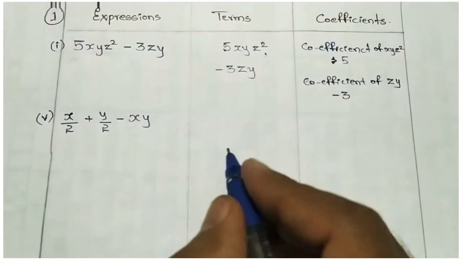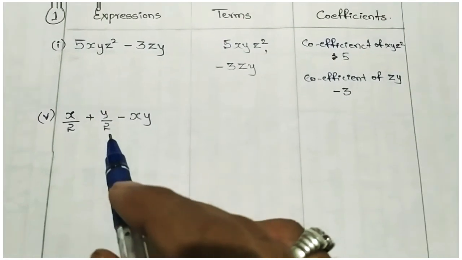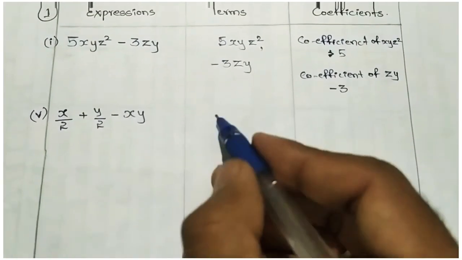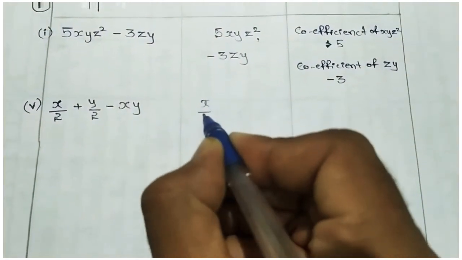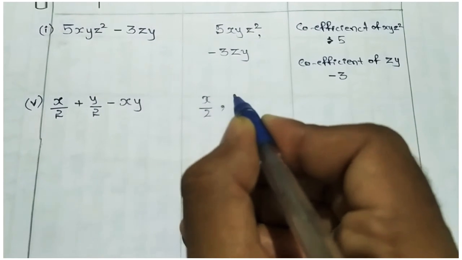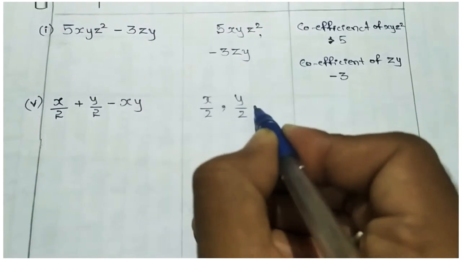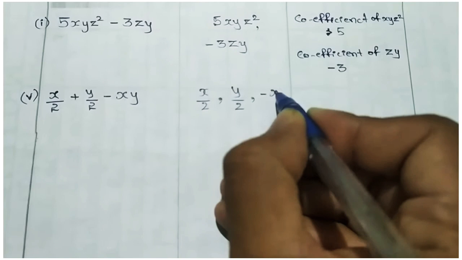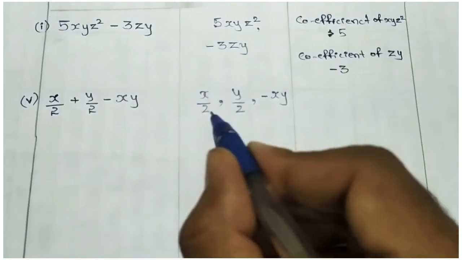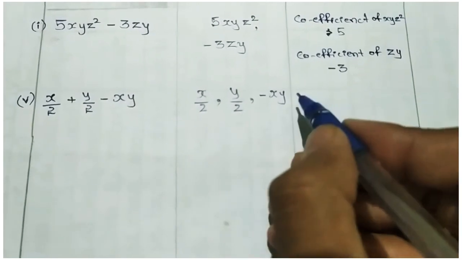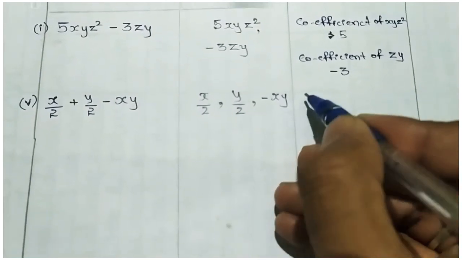Now directly taking the fifth one, second, third, fourth are for your practice. So here how many terms are there? 3 terms are there. Which are those? x by 2, y by 2 and minus xy. Now for every term we have to write the coefficient.